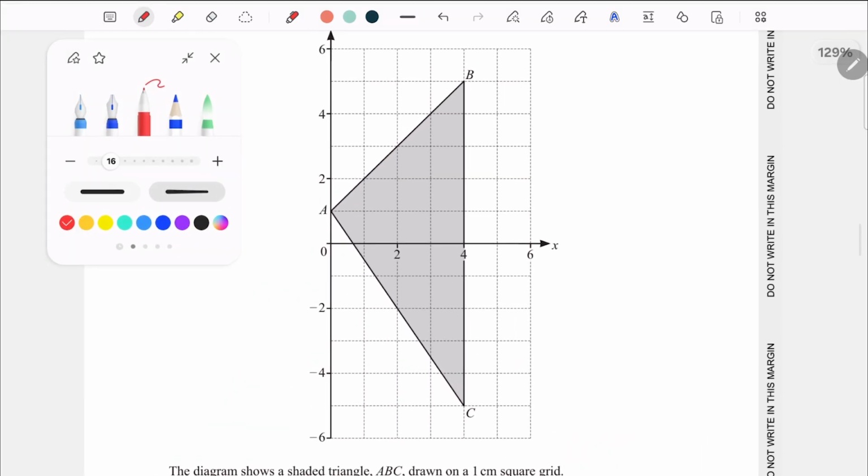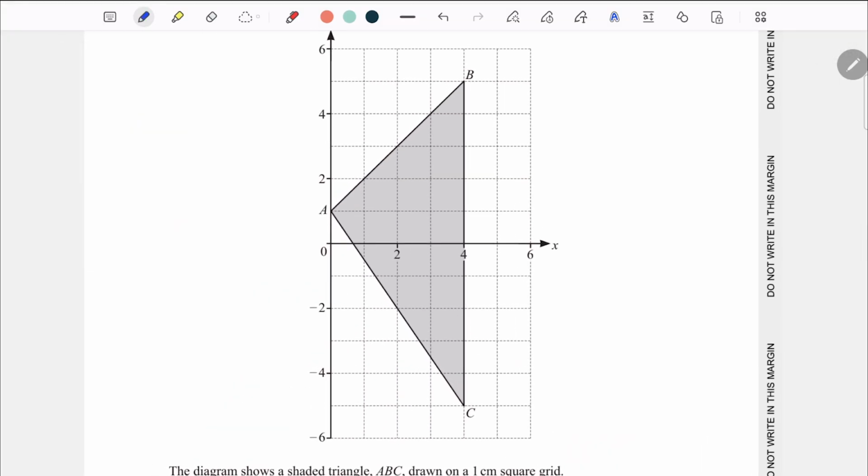Then the other line would be this AB right here. The general equation would be y = mx + c. C is the y-intercept, and the y-intercept on the graph is this point, which is 1. So c is equal to 1.